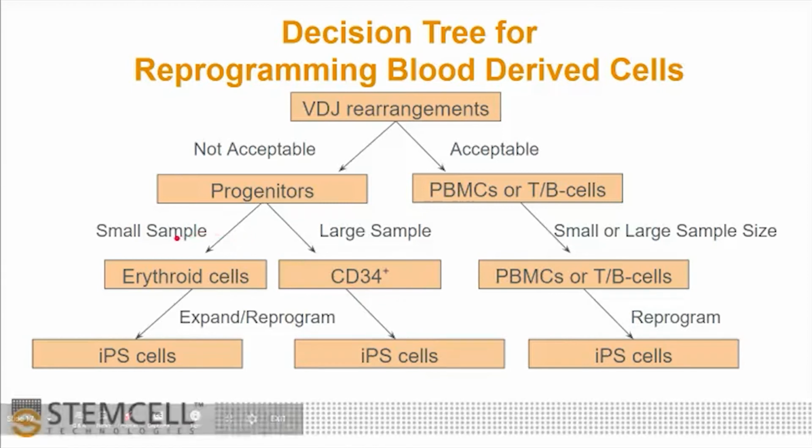Or if they only have access to a small sample, so anything less than 50 mLs of blood, really what they want to do there is go after progenitors that are a little more plentiful than CD34 cells. And in our experience, that's erythroid progenitor cells. And take those progenitor cells and expand them and then reprogram them to iPSCs.